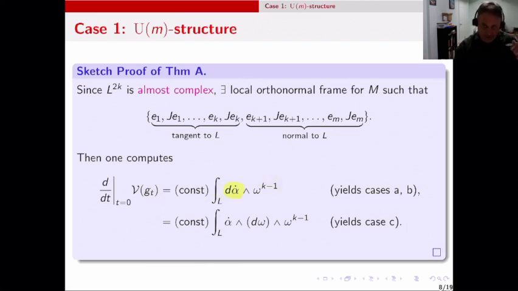Remember, alpha dot was the time derivative of alpha t at time 0, wedged omega to the k minus 1. So this formula immediately gives you cases A and B of our theorem A.